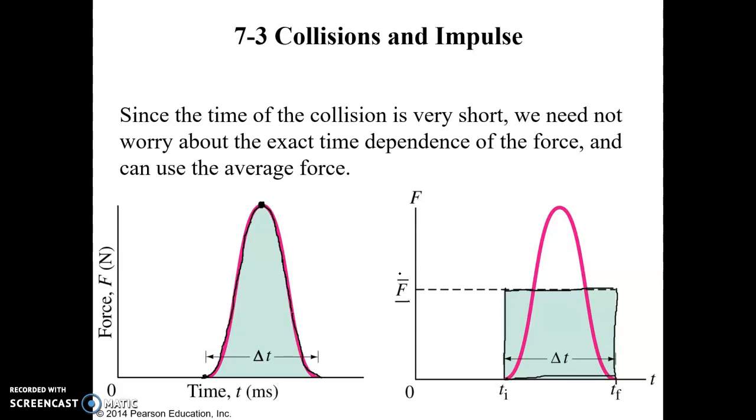So when we take average force times delta t, it gives us this shaded region, which is the impulse, which is approximately equal to the area under this curve, which would be much more difficult to accurately calculate. So when we're talking about the force times delta t in an impulse, we're actually using the average force, not the maximum force.